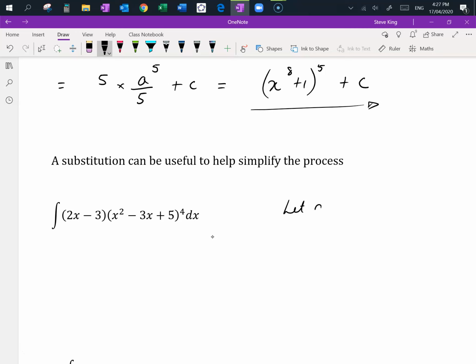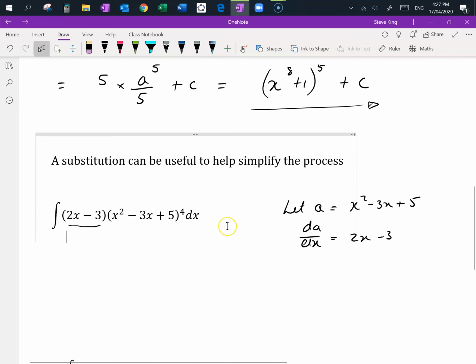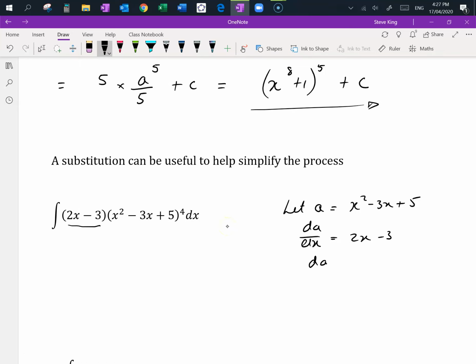So I'm going to let a equal that larger bracket, x squared minus 3x plus 5. That means dA dx is going to be 2x minus 3. 2x minus 3 is the bracket that I've got over there at the front, so it looks as though I'm on the right track.